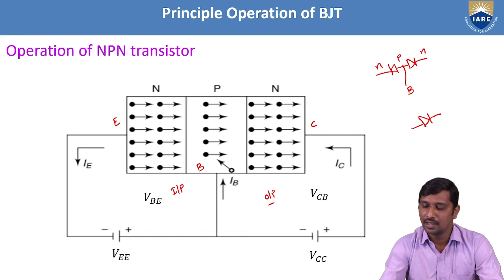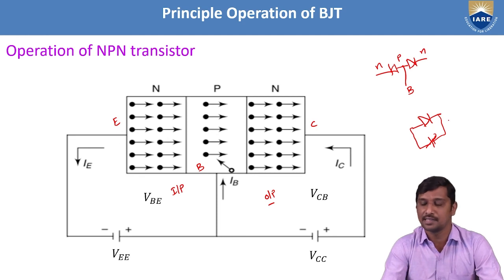Whenever a PN junction is forward biased, the diode conducts, hence it offers a very small forward resistance. If a PN junction diode is under reverse bias, it offers a very large resistance.